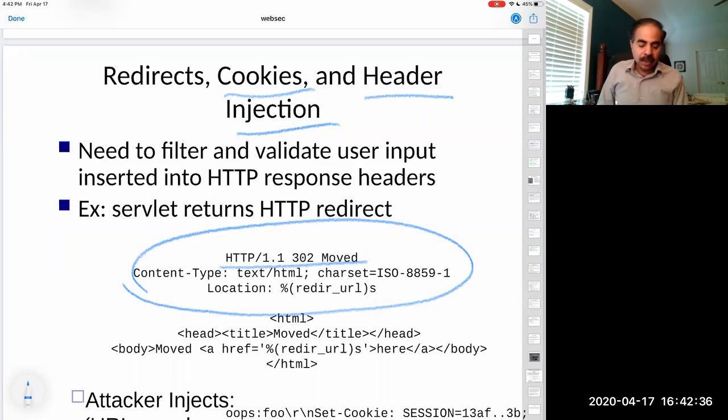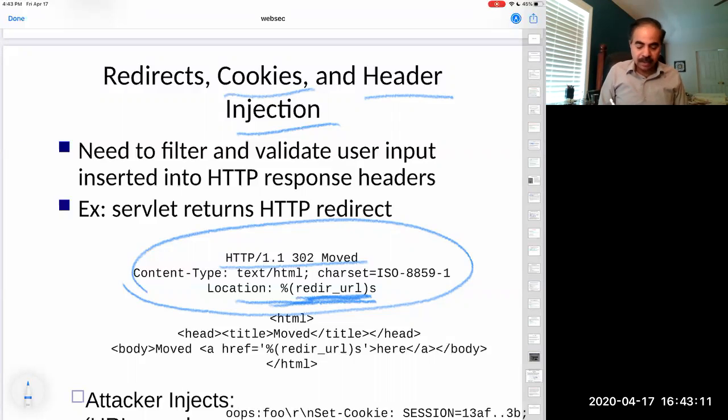And so whatever technique is being used to inject into the HTML page can also be used to inject into the HTTP header. So in particular, if you use a templating system and it uses some server-side variable and it's going to substitute that in the output, then to the extent that the server is using such variables for generating HTTP headers, then the attacker can inject HTTP headers in that case.